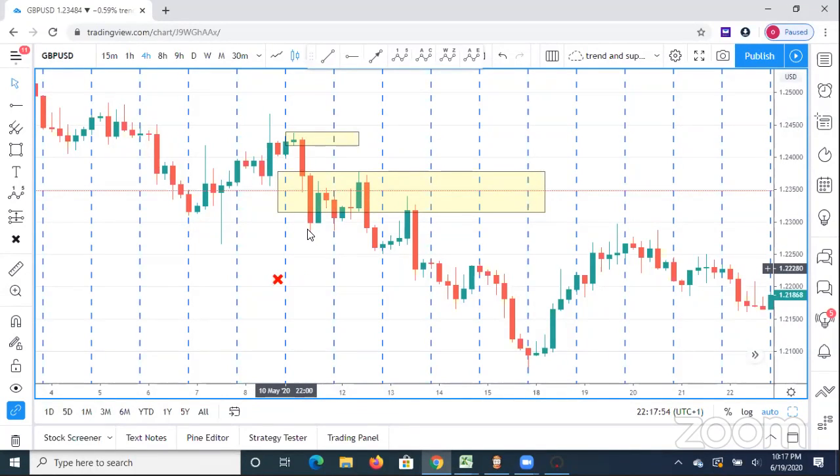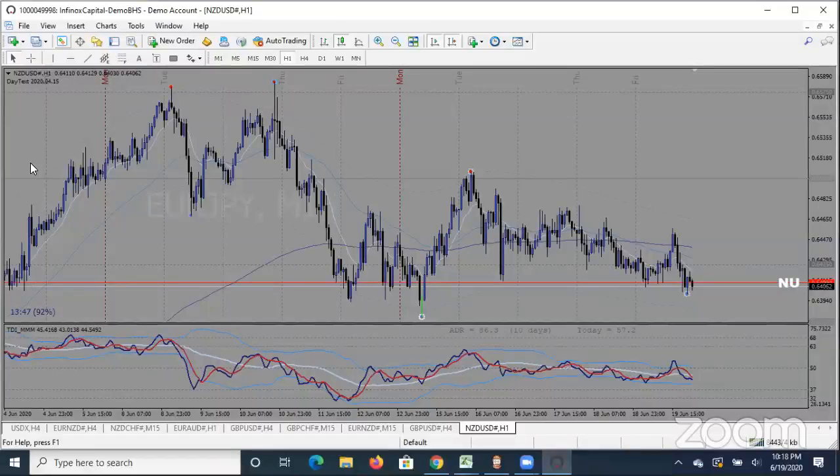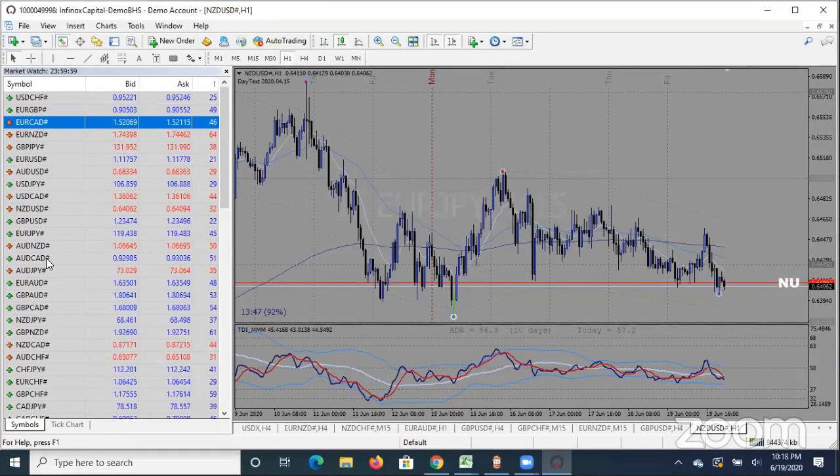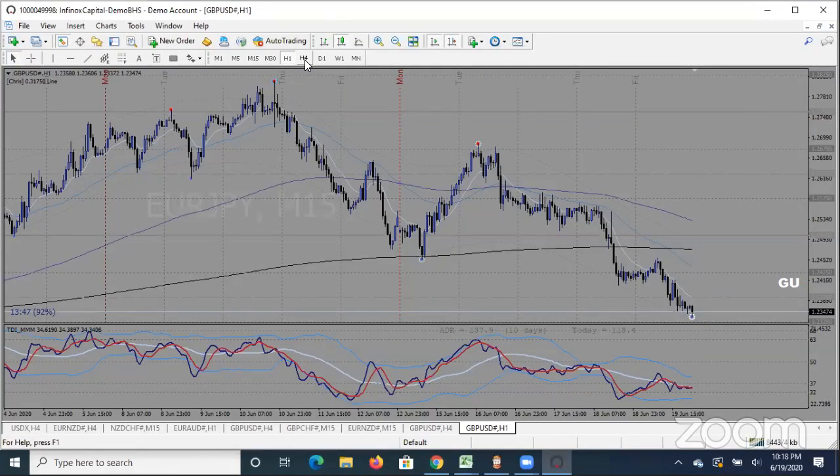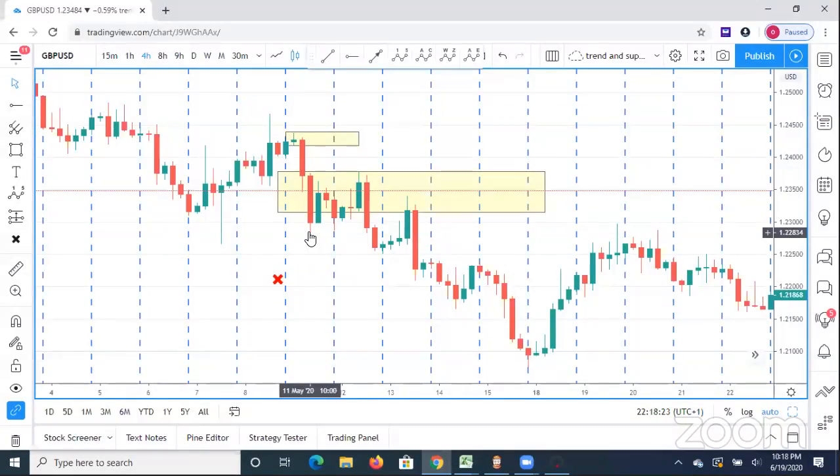Let me see if there's a way I could do this easily. Let's go back to MT4. Get to GU. Let's get to GBP USD. Then we were on which date was this? 11th of May.